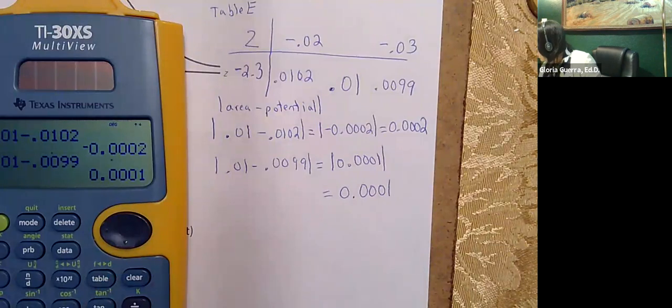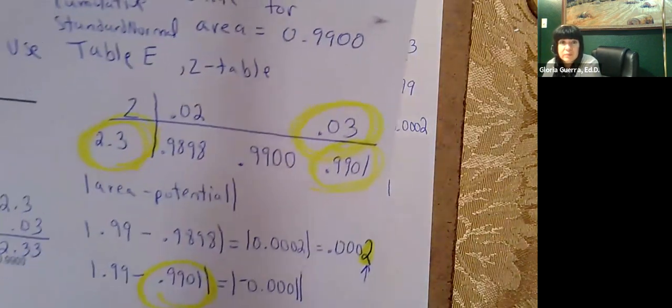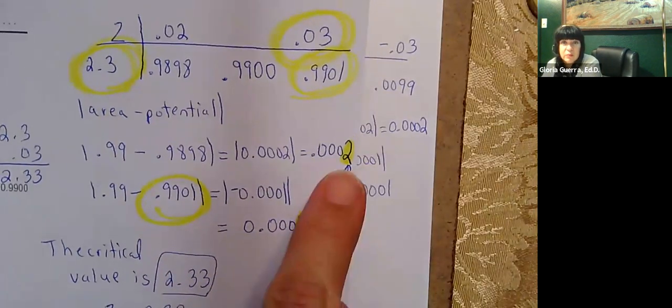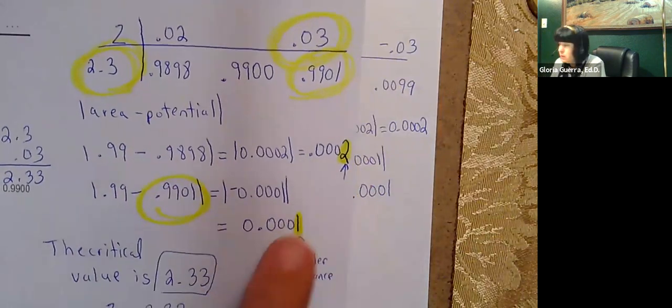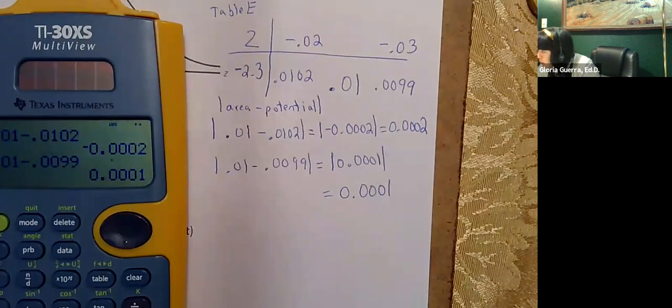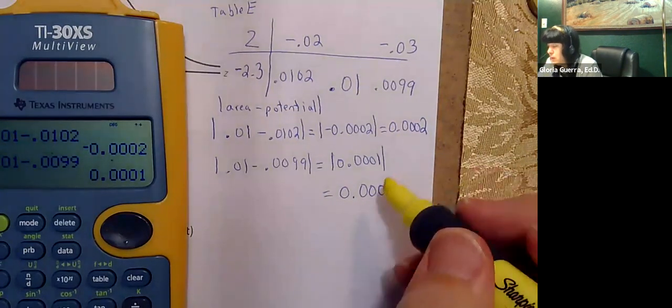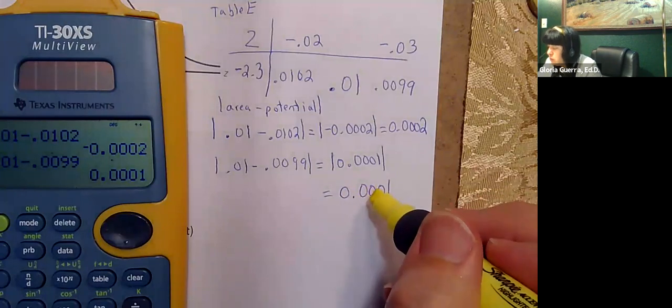And even though we used different numbers from the other problem, we still ended up with what looks like the same value as the other problem. That's just coincidence, but you see we used different numbers. But when I look to see which one's smaller, again, they're all the same in the ones place, tenths, hundredths, thousandths.